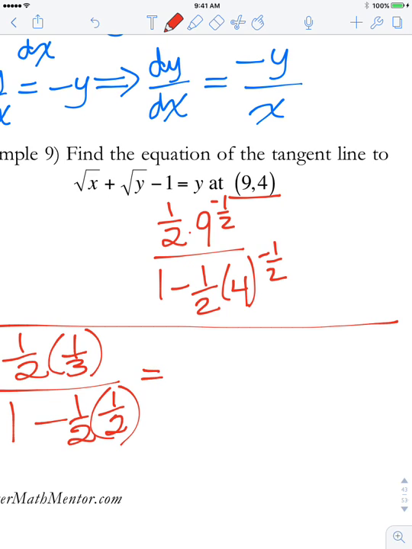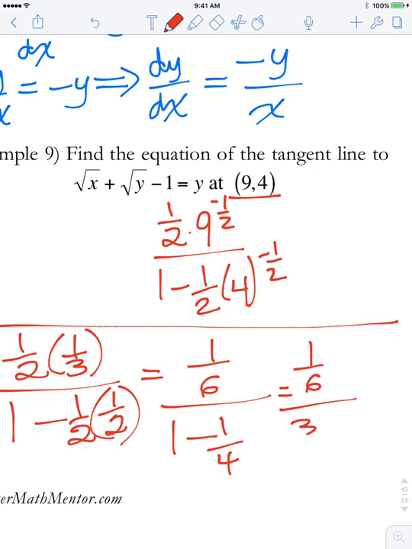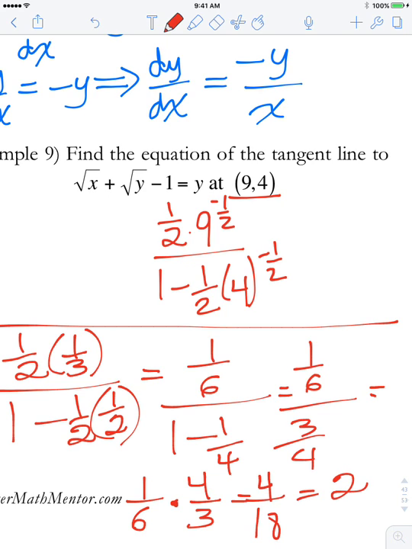So now I have 1 over 6 over 1 minus 1/4, which is the same as 1 over 6 over 3/4, which is the same as 1 over 6 times 4 over 3, and you can reduce if you want. What do we have here? 4 over 18, which is the same as 2/9.